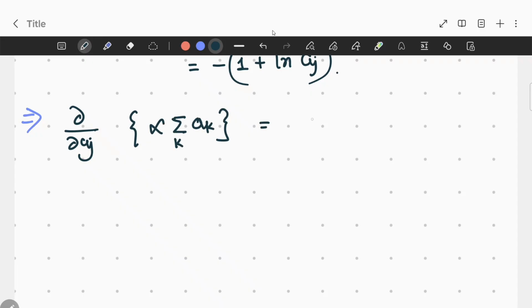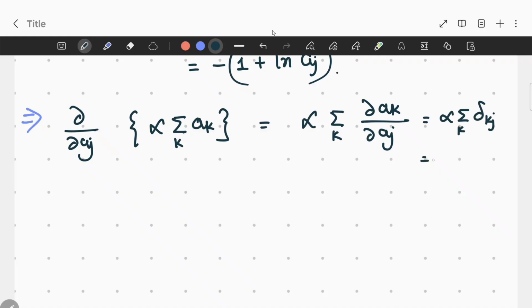So what will that be? Alpha is just a constant, and this is Kronecker delta kj. So it is just 1. It is 1 only when k equals j, otherwise it is 0. So it will be only 1. This is the second term.